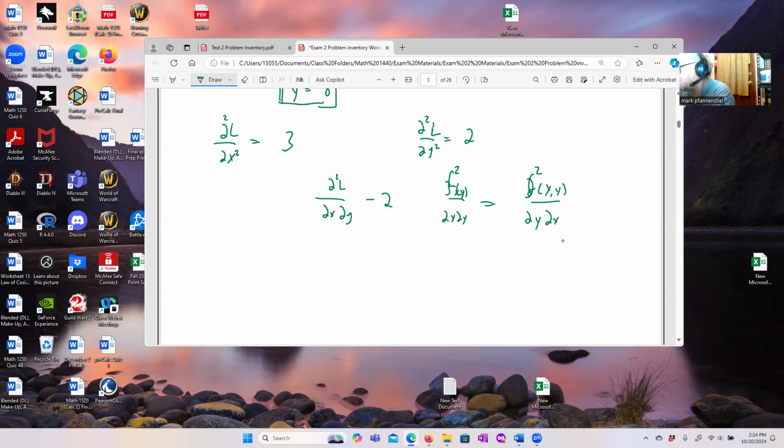Okay, what has to happen, it has to be continuous both in the x direction and the y direction. So it has to be continuous here and continuous there in order for the cross derivatives to be equal to each other. Okay, that is not a theorem. That's not a rule that says they always have to be equal, because they don't.